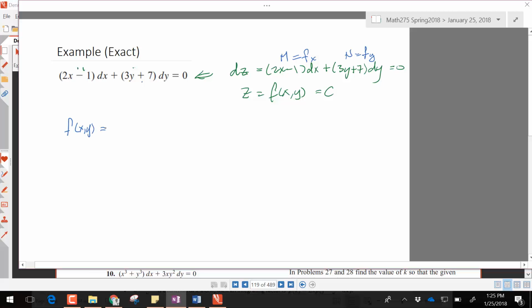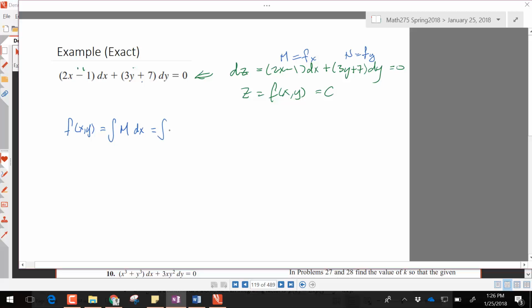We're eventually looking for the original function f, and we're saying that the first of these two functions was the derivative of the original function f with respect to x. So we want to take the antiderivative of that with respect to x.